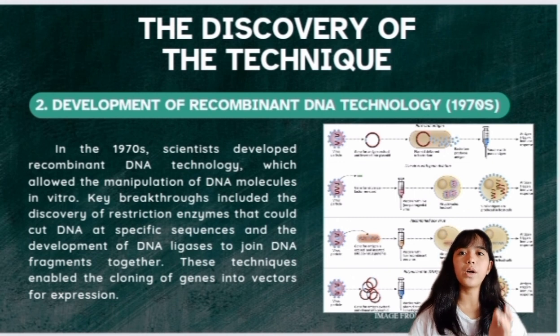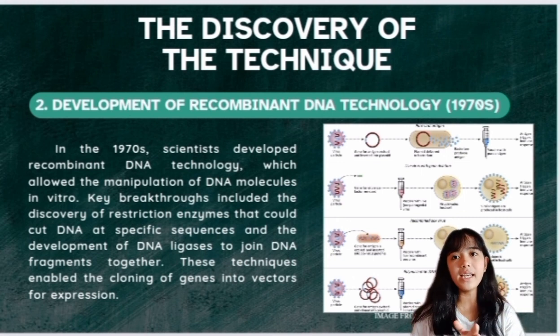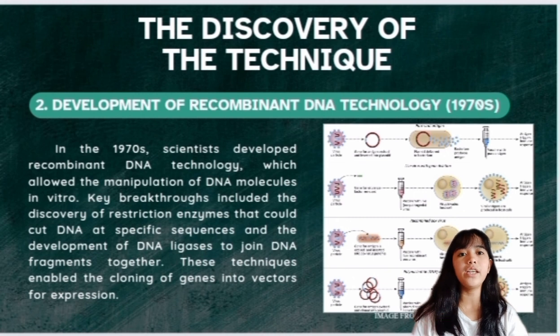And lastly, for the process in terms of the development of the recombinant DNA is the screening or selection. Finally, the cells that have successfully taken up the recombinant DNA are selected or screened using specific techniques. This might include growing the cells on selective media or inserting a marker gene at the same time as the gene of interest.